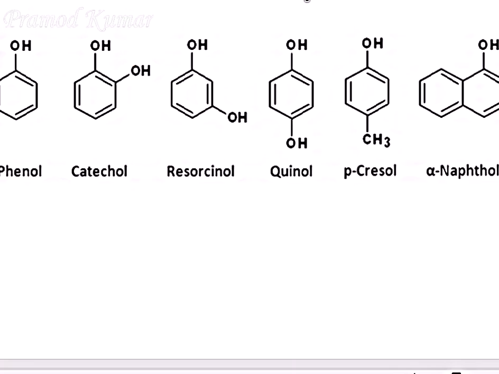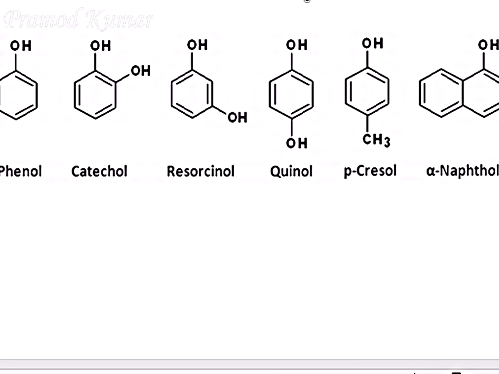Now, these are the various structures of your phenol. As I said, the first one is your phenol, C6H5OH. If the hydroxyl groups are at the 1 and 2 positions, it is called catechol. If there are hydroxyl groups at the 1 and 4 positions, it is known as quinol.